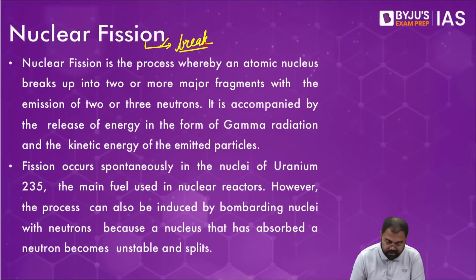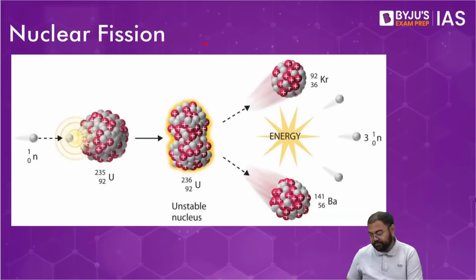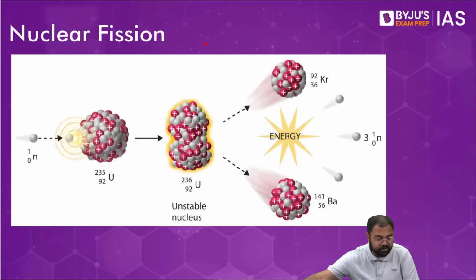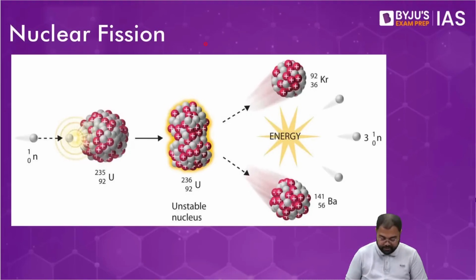This is called nuclear fission. If you look at this particular figure, this is what happens with nuclear fission. In case of nuclear fission we have uranium 235, in which one extra neutron is being bombarded.